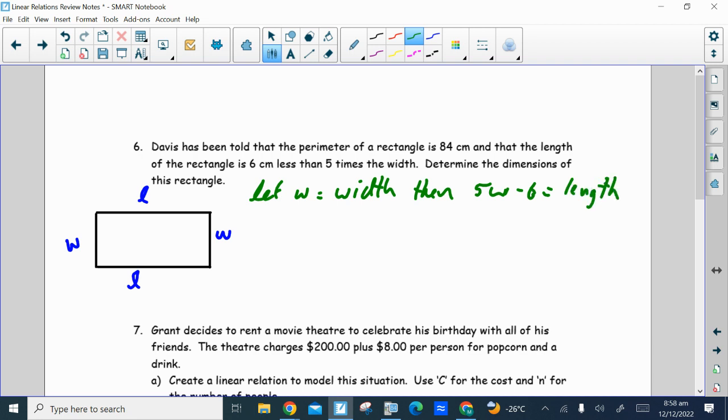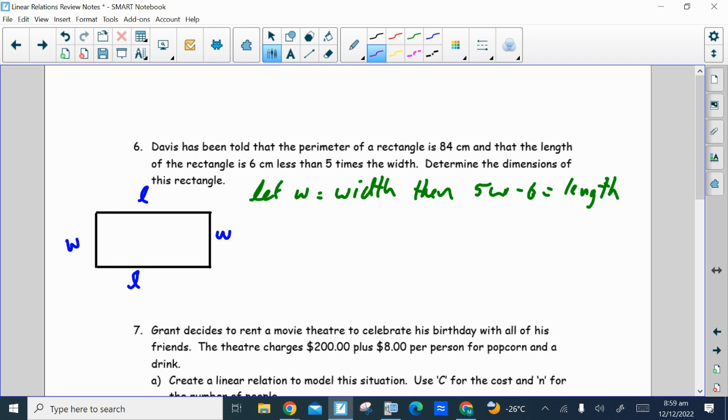That's an expression for the length. You see, you need an expression for both the length and width in terms of the same variable. You can't have 2 variables here in an equation to solve it. You can only have 1 variable. And because the length was compared to the width, I started with a variable for the width, and then I could write my expression for the length.